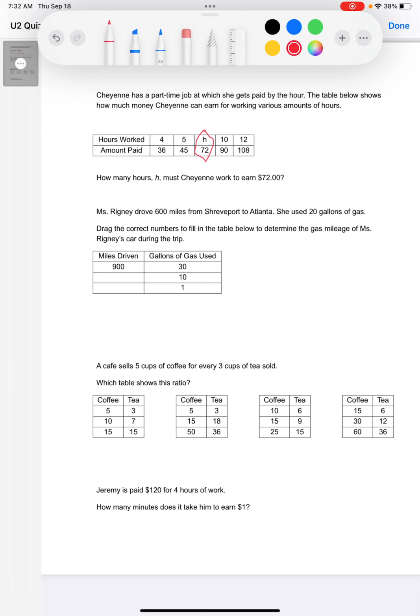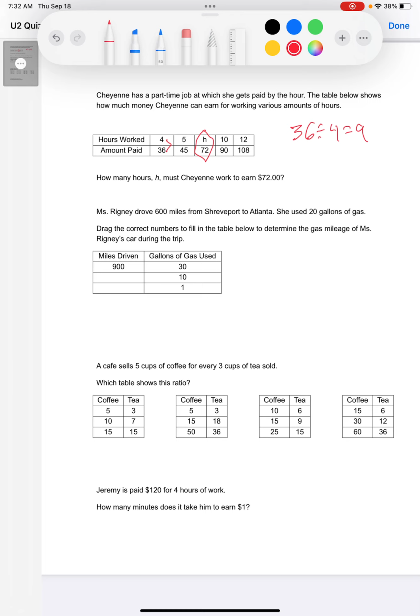So, a couple of ways we can do this. First, the easiest way is to figure out what times 4 equals 36. So, 36 divided by 4 is 9. Well, 9 times 5 is 45. 10 times 9 is 90. 12 times 9 is 108.